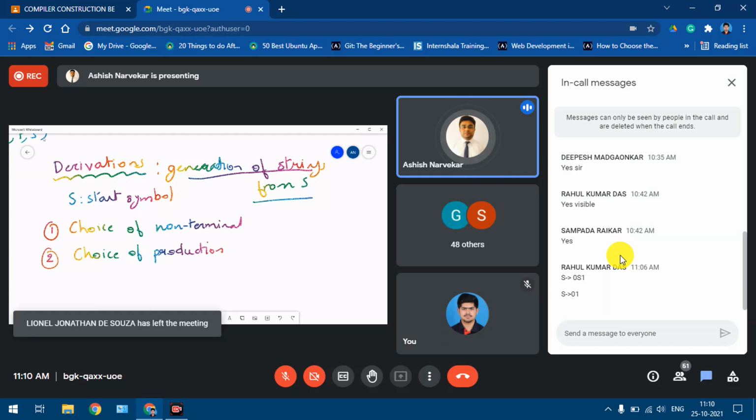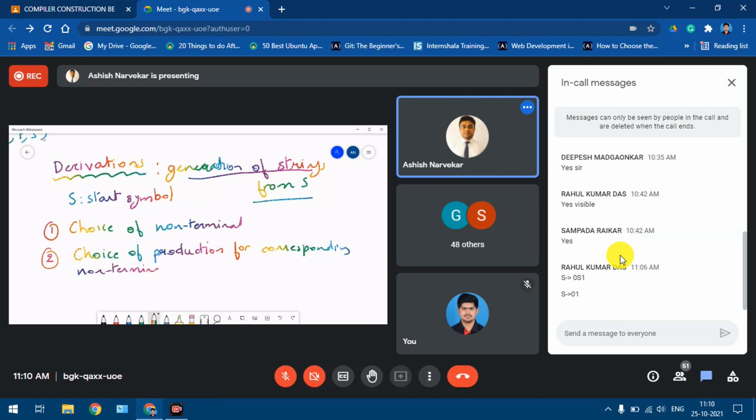So out of that, we should be able to choose one particular production rule for the corresponding non-terminal. This is very important. So please remember these 2 points. Whenever we have to construct a derivation, these are 2 points which we need to understand very clearly: the choice of non-terminal, and the choice of production for the corresponding non-terminal.